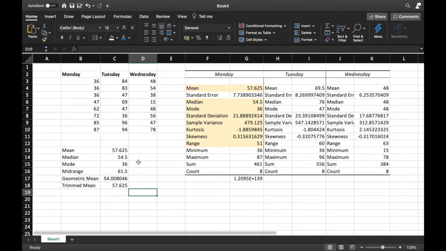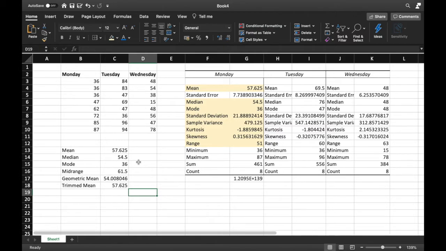So if you find that there are unusual data that are too high or too low, then the trimmed mean would trim it off. But of course here it might not have detected all of those outliers, and so it gave us basically just the mean, which is why it's equal now to our mean of 57.625. So yeah, the analysis would really depend on the context, and it's very important that you understand what it is exactly that you are solving.